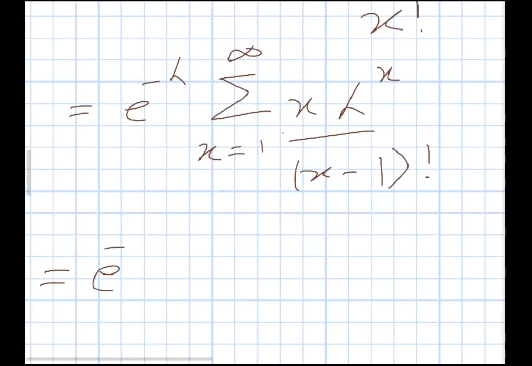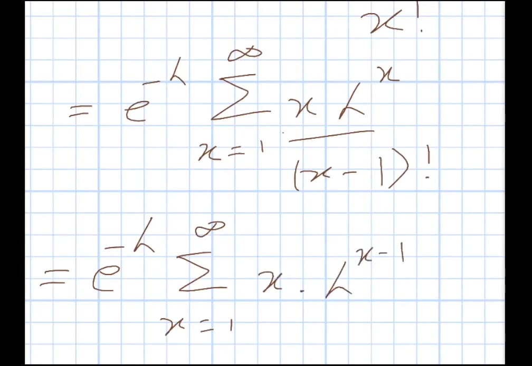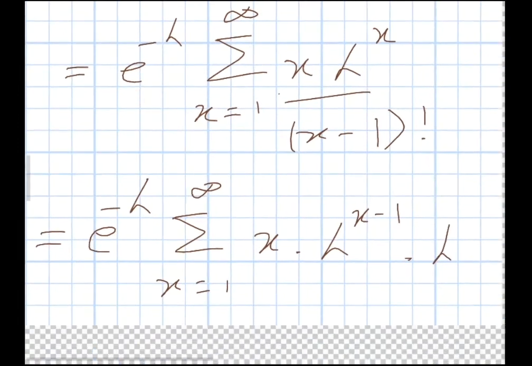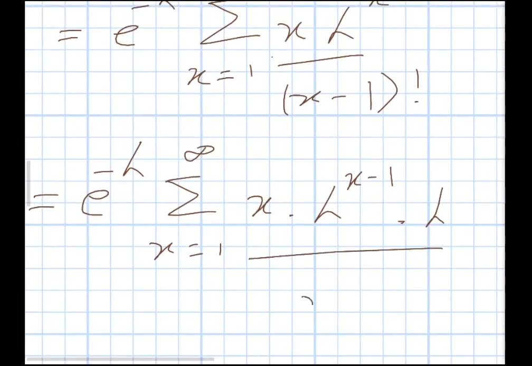Then again we say e to the minus lambda, the sum from x equals 1 to infinity of x times lambda to the (x minus 1) times lambda, divided by (x minus 1) factorial.